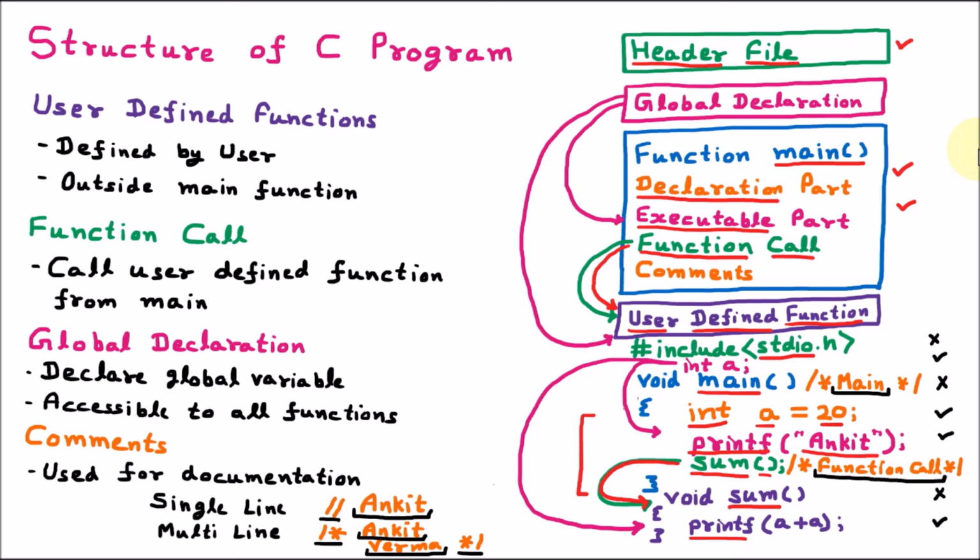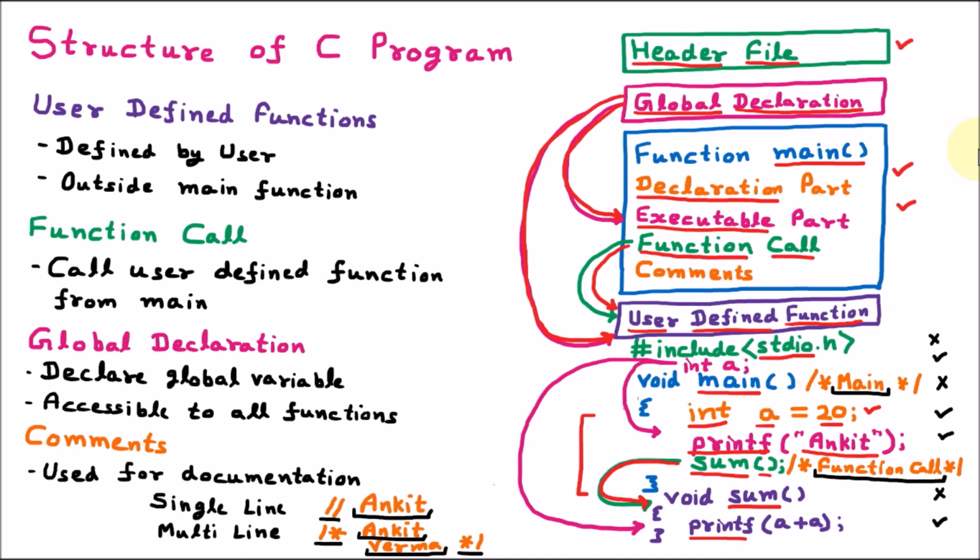Then afterward, we know that local variables, just like we have declared this a, are not accessible outside the main. So there should be some variables which can be accessed everywhere. The next part is called the global declaration. Global variables can be accessed inside the main as well as outside the main, meaning they can be accessed in a user defined function also.